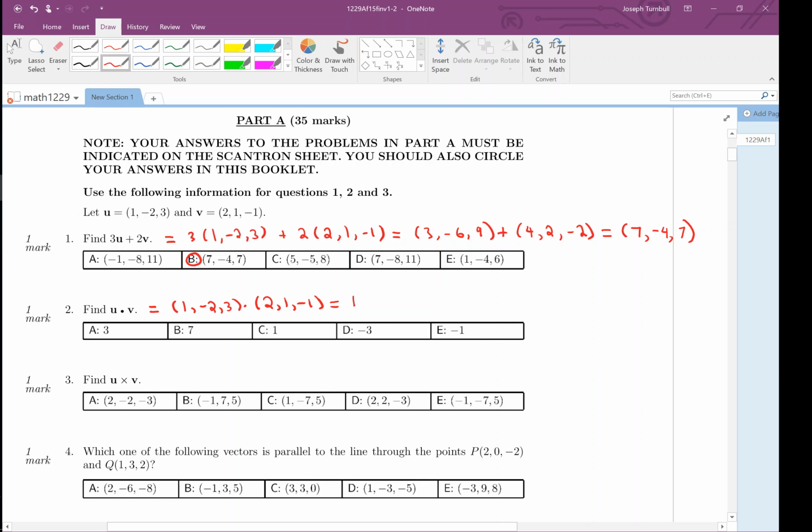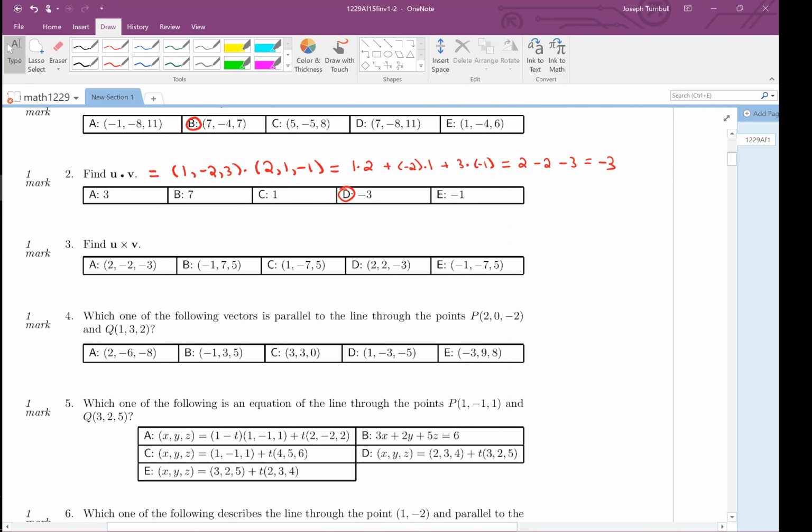So I'll have 1 multiplied by 2 plus negative 2 multiplied by 1 plus 3 multiplied by negative 1. So add everything up, we get 2 minus 2 minus 3, which is minus 3. So choice D.